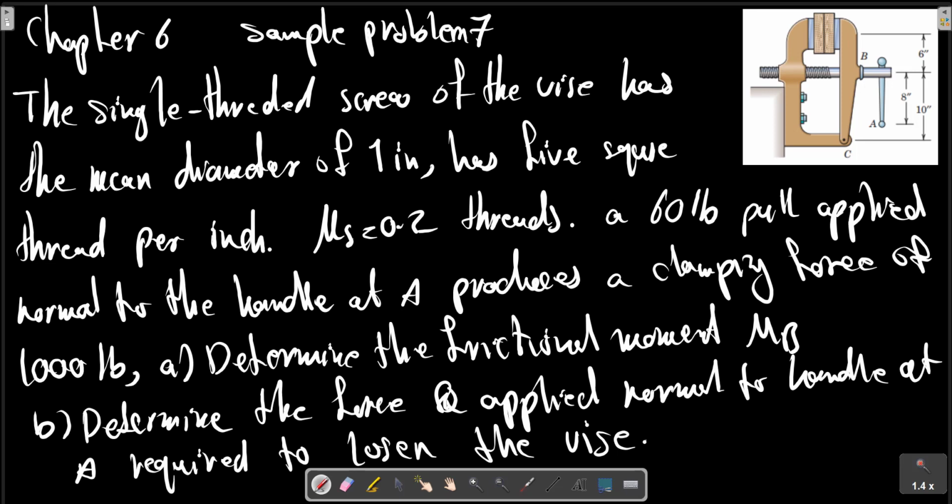Determine the frictional moment MB developed at B due to the thrust of the screw against the body of the jaw with the 60-pound force first, and second, determine the force Q applied normal to the handle at A required to loosen the vise.